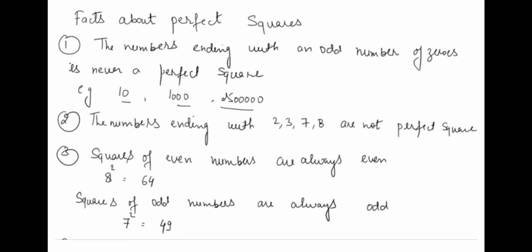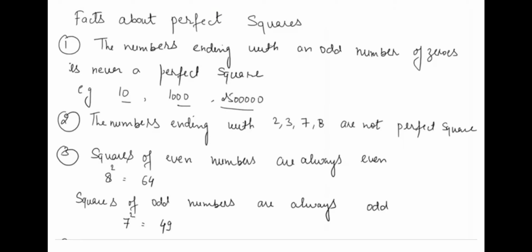Odd number of zeros means, suppose for example I have given here 10. It means what? 1 zero. That means 1 is what? Odd number of zeros. So this is never a perfect square. 1000. How many zeros? Ending with 3 zeros. 3 is an odd number. So we can say 1000 is never a perfect square.